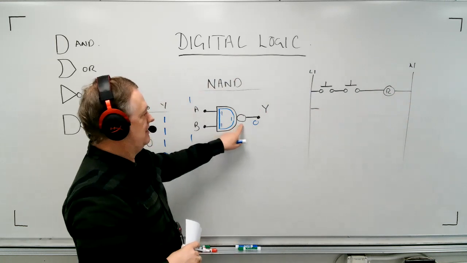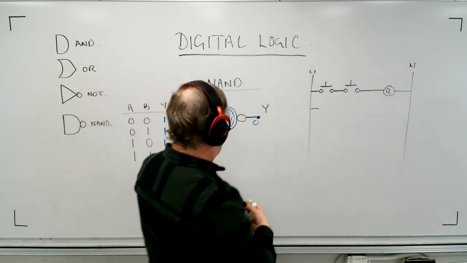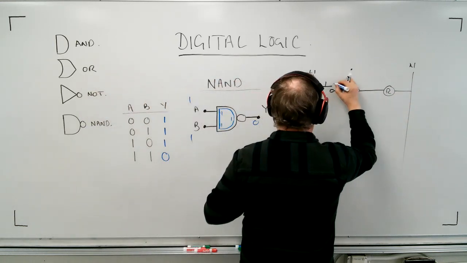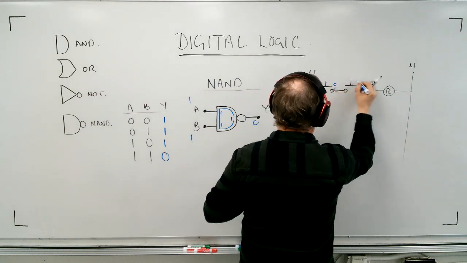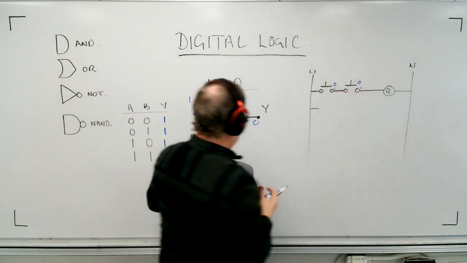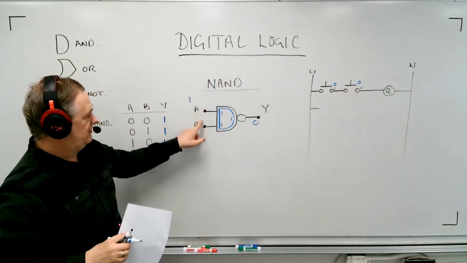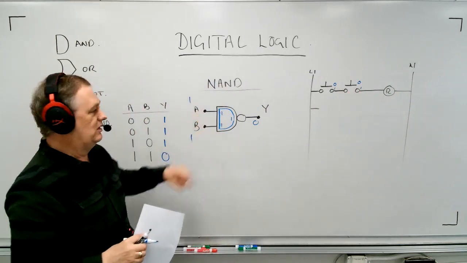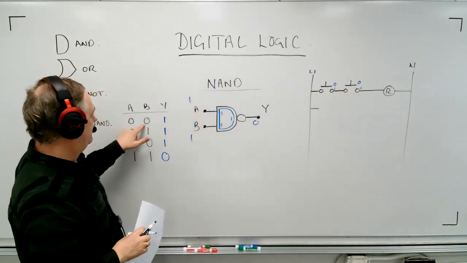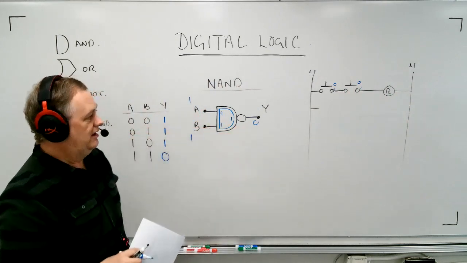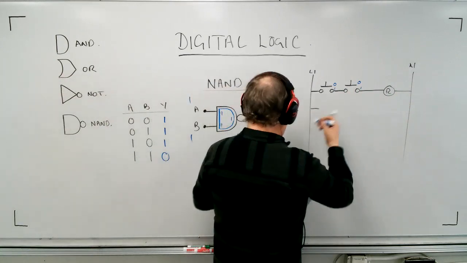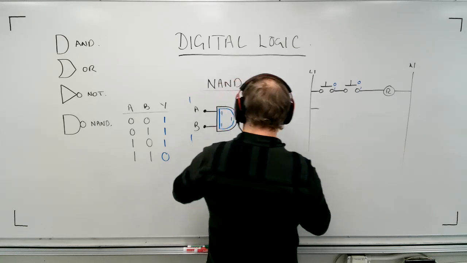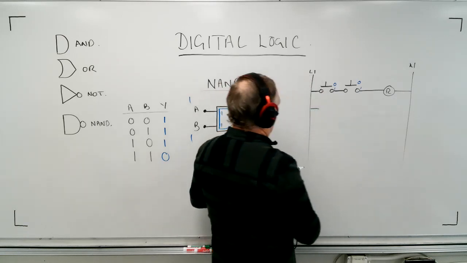If I have an invert in here, that means that whatever happens, 0 and 1, 0 and 1, whatever happens in my input side is going to be inverted to what it would have been otherwise. So when I go 0 and 0, I know that this gate actually goes 1.